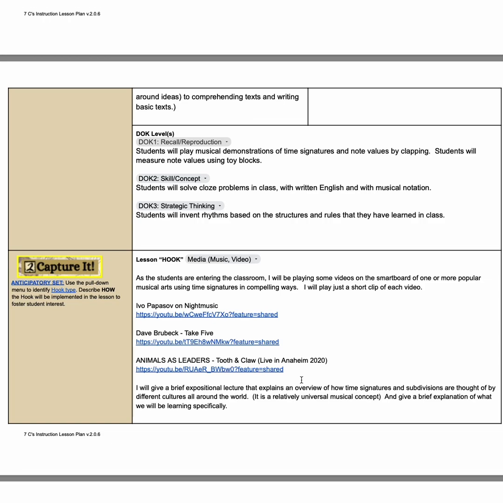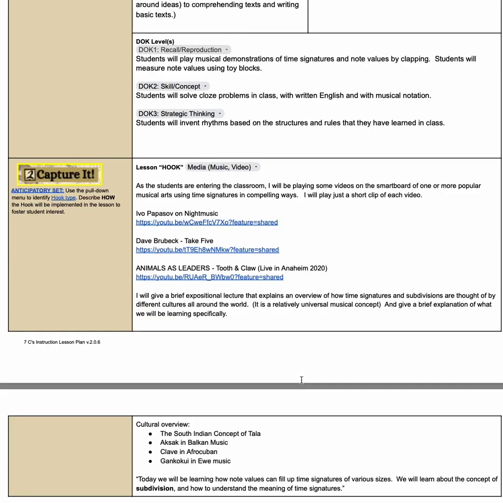introductory lecture that just talks about how time signatures are thought of throughout the world. I'm going to touch on some specific examples. The South Indian concept of tala. Tala is an idea from Carnatic music, the South Indian classical music that's like time signatures, but it's a little bit different.